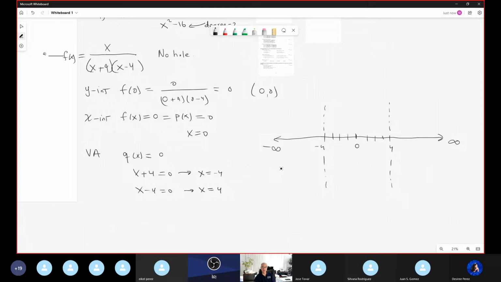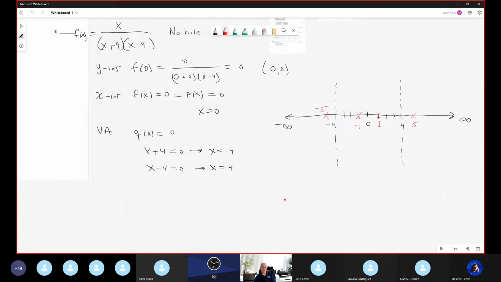So now I need to evaluate to include extra points. I don't select 0, because 0 I did that. Select, for example, 1 or 2 or 3 or 5, or, since I don't know if there is symmetry or not, I need to verify negative 1 and negative 5. Okay, this is the strategy. In red color I indicate the additional points for the last step.